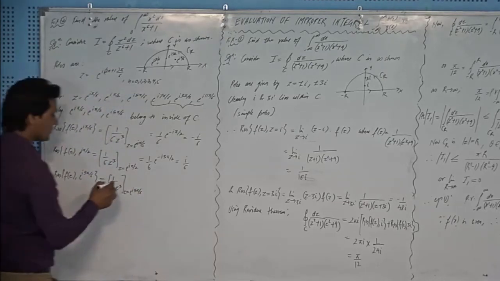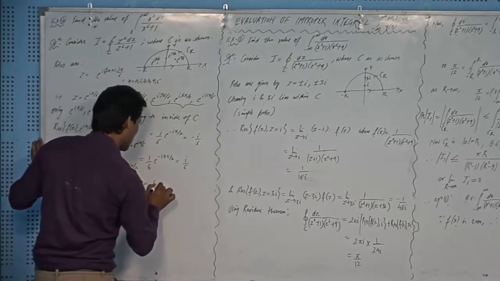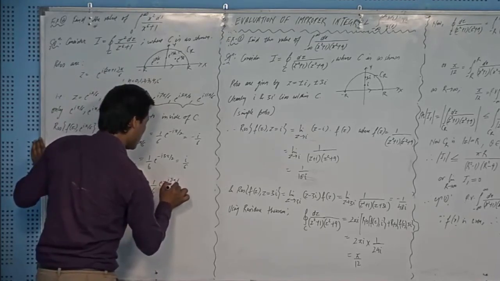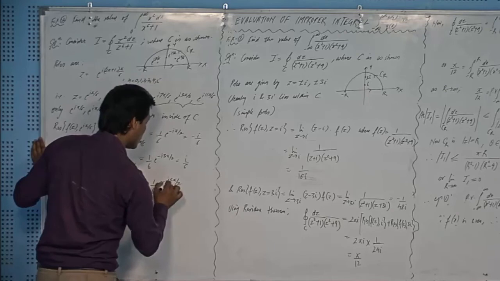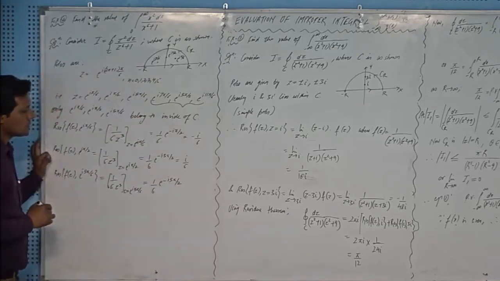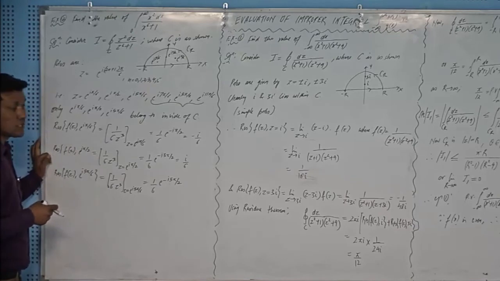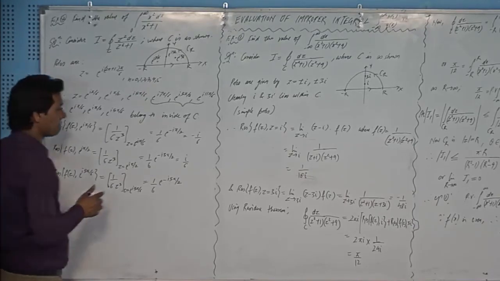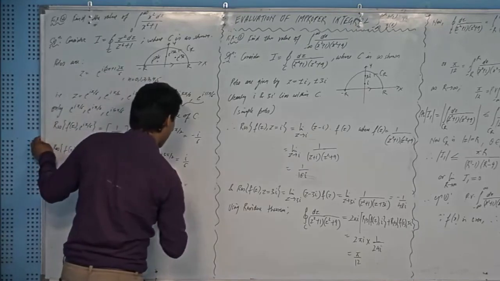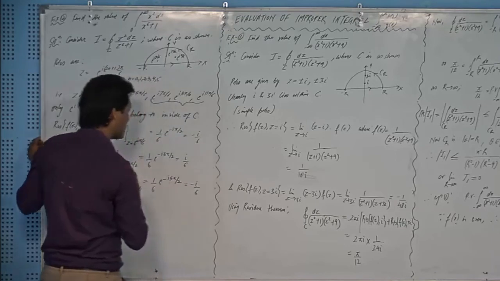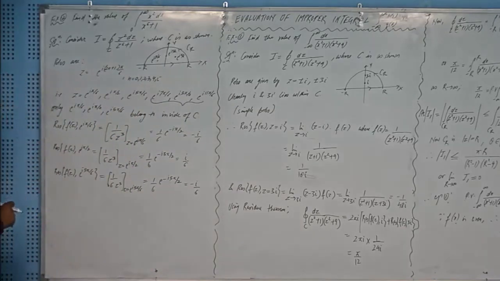That will produce 1 by 6 e to the power minus iota 5 pi by 2, and 5 pi by 2 is at the same place as pi by 2, so it will be cos 90 is 0, sin 90 is 1, minus iota by 6, right?